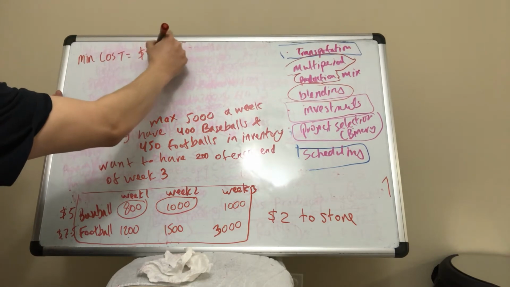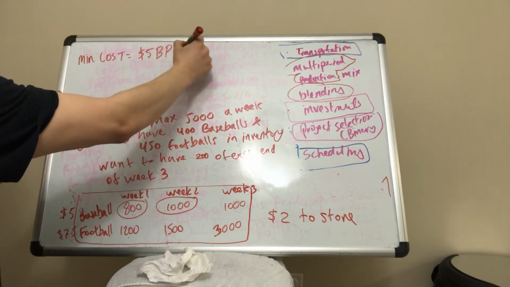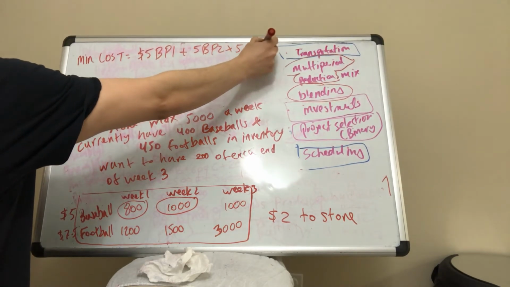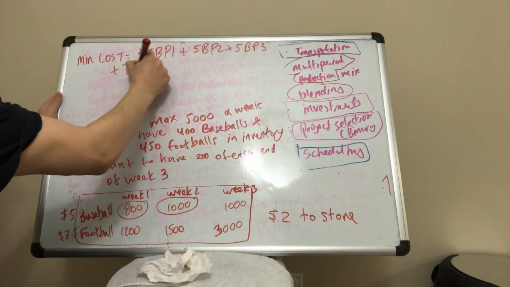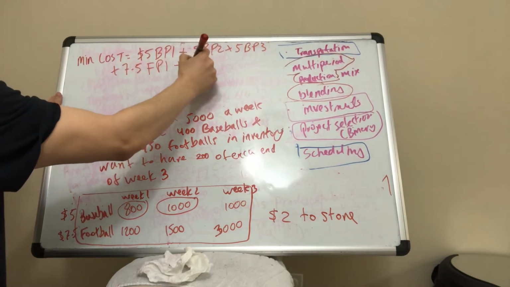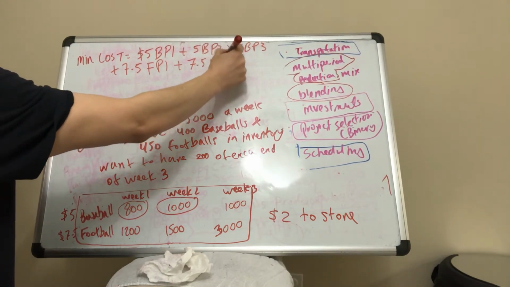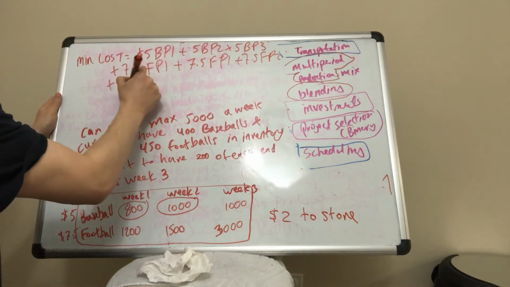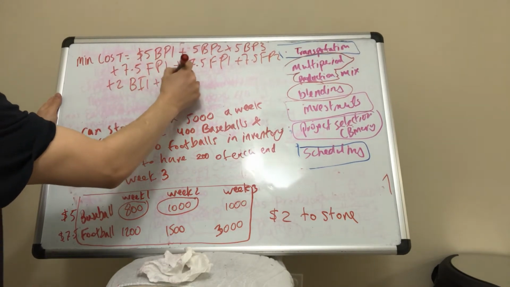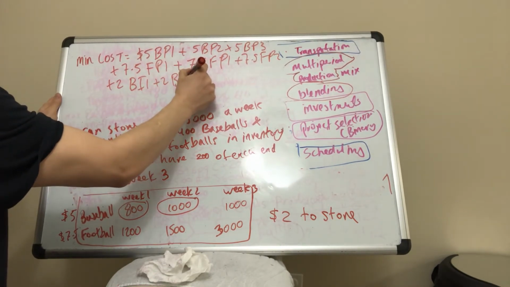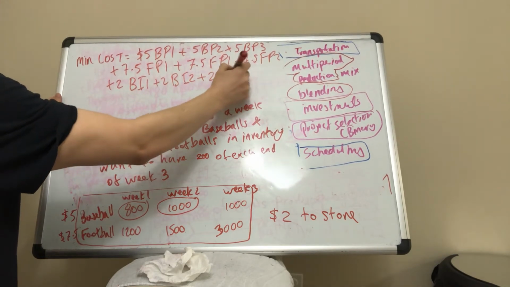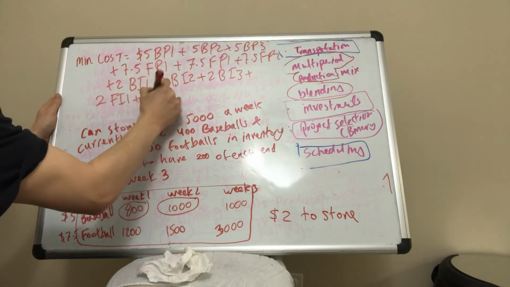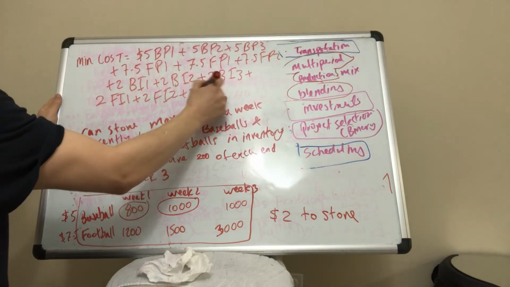It's $5 to produce a baseball in week 1, week 2, week 3. It's 7.5 to do a football in weeks 1, 2, 3. It's $2 to store a baseball in weeks 1, 2, 3. It's $2 to store a football in weeks 1, 2, 3.